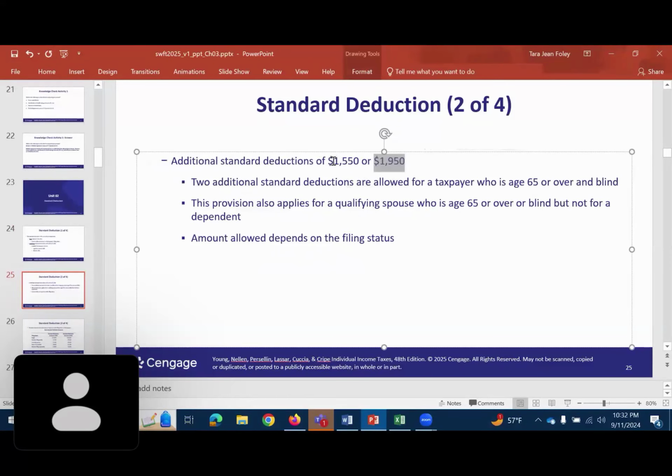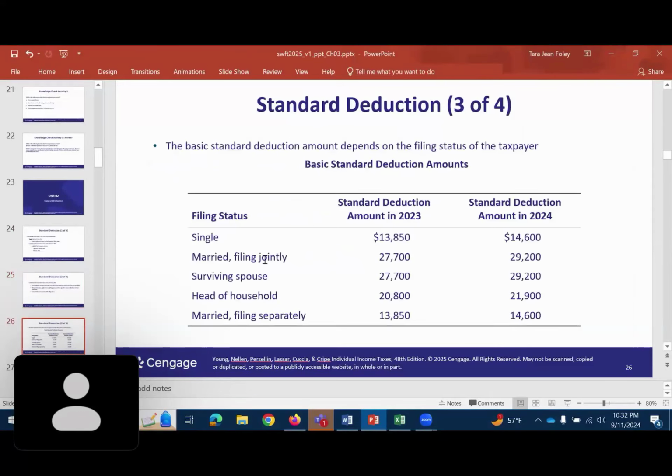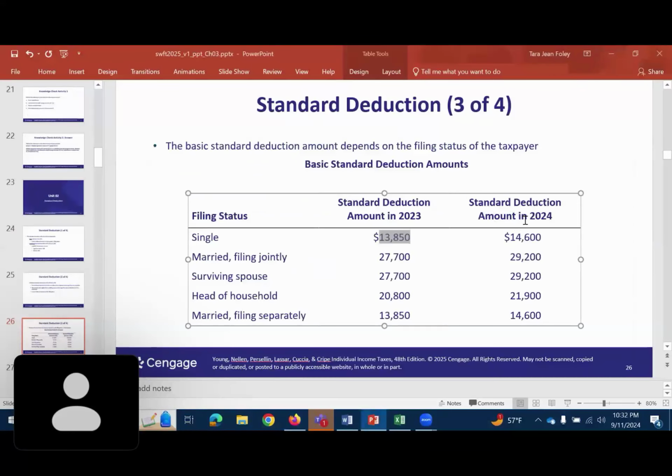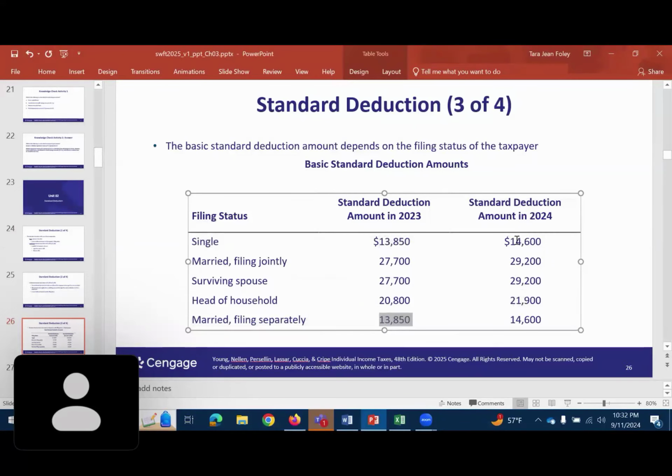If you're single, let's go to this form here. So here is the basic standard deduction. If you're single, in 2023, it was $13,850, which is what the form tells you. And for 2024 it's $14,600. For married filing jointly, $29,200, head of household, $21,900, and $14,600 for married filing separately. The married filing separately and the single are usually the same number.